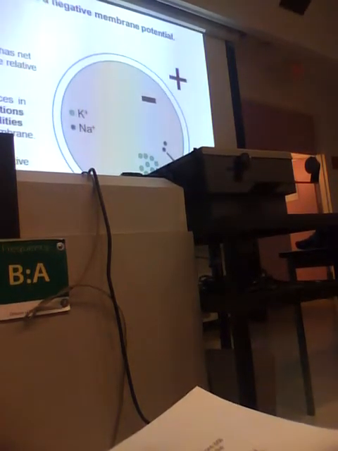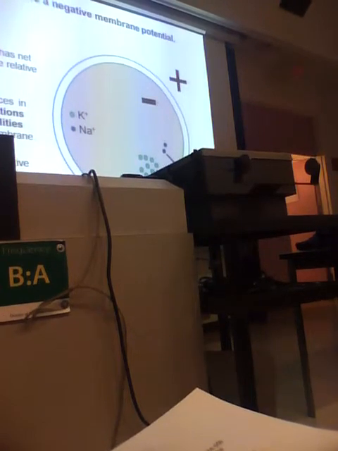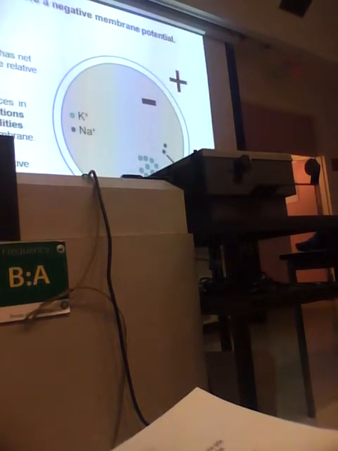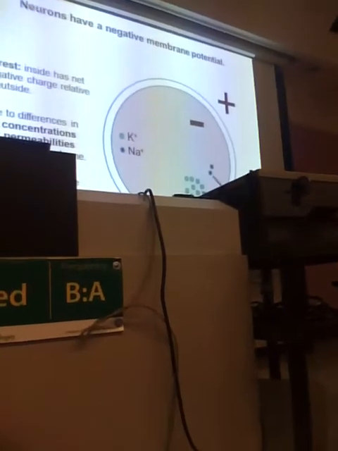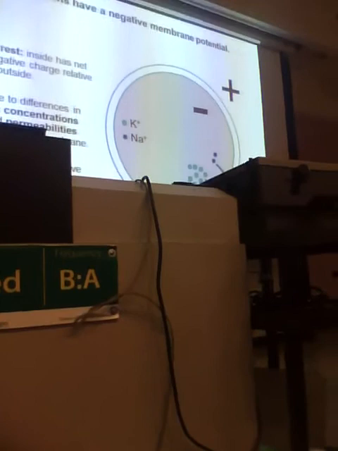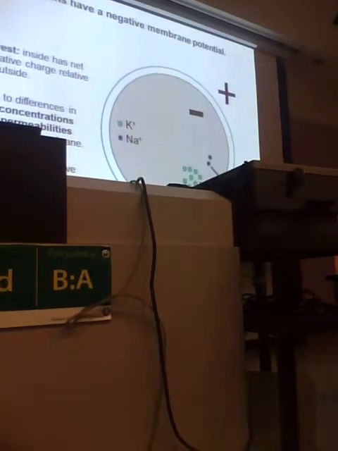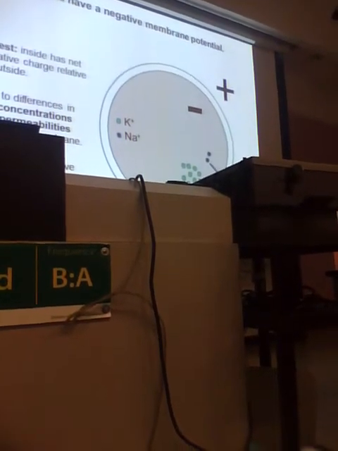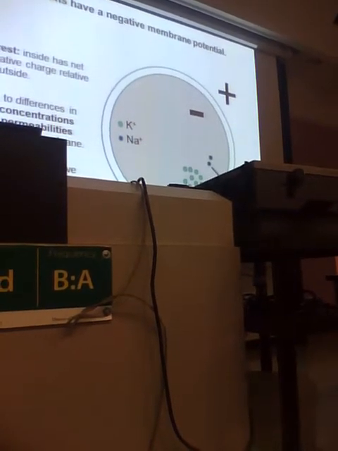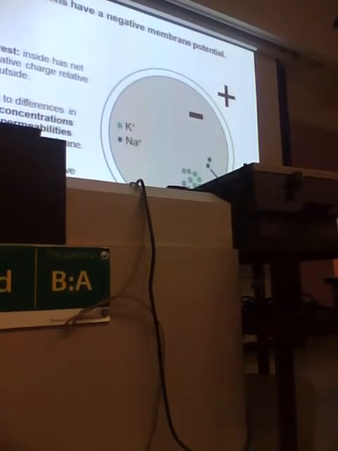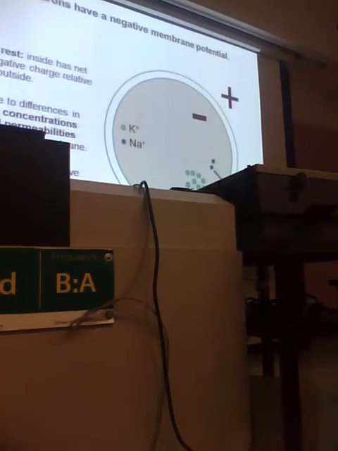And the reason the resting potential of a cell is negative is because the membrane at rest is highly permeable, particularly to one ion, and that's potassium. So it's the high permeability at rest to potassium ions that causes the membrane potential to be highly negative. There's a very low permeability to sodium.